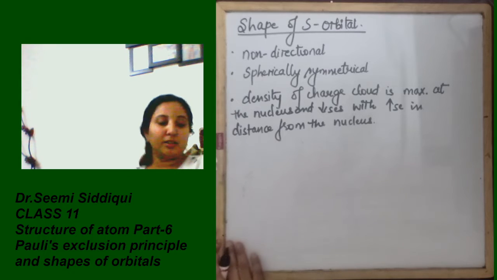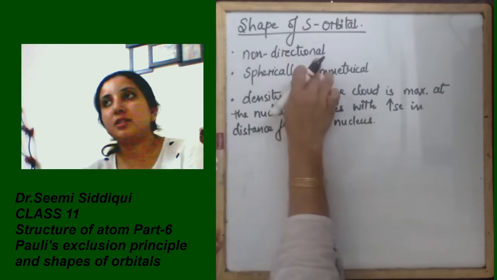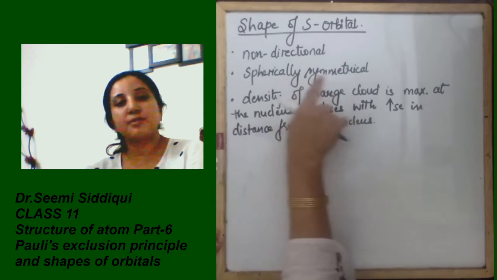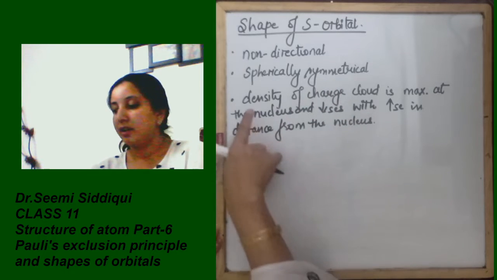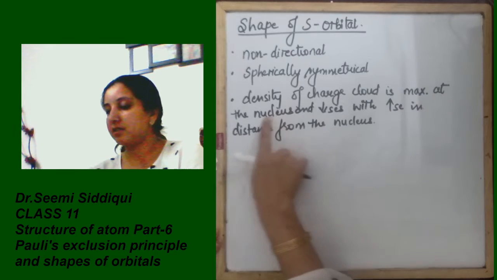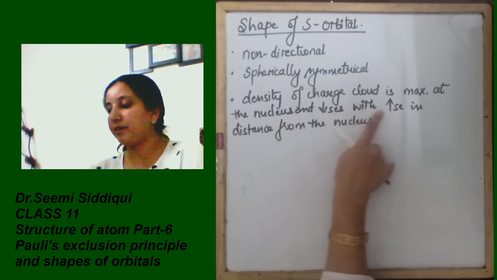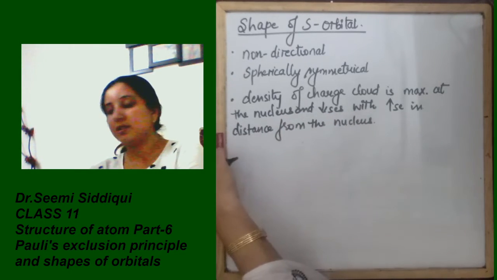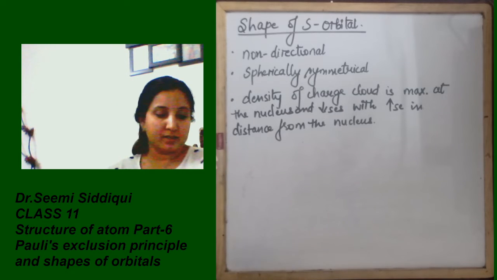Again I am repeating this point. It is non-directional. It is spherically symmetrical. The density of the charge cloud is maximum at the nucleus and decreases with increasing distance from the nucleus.